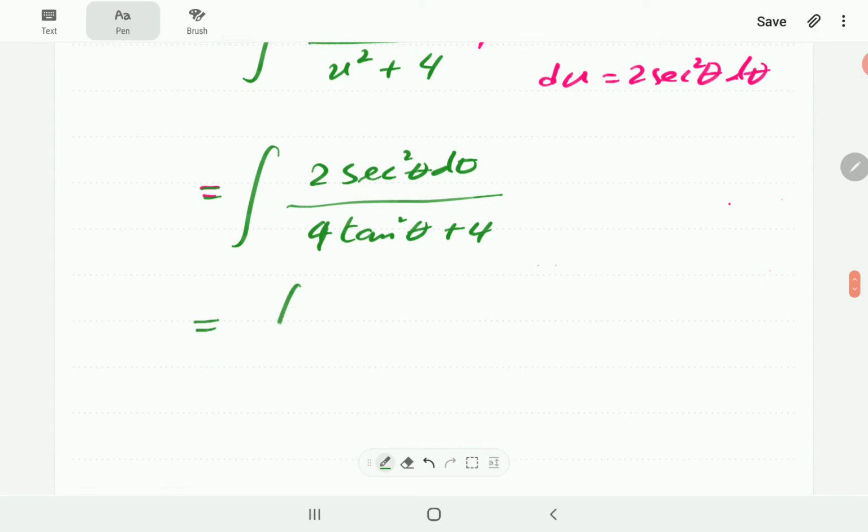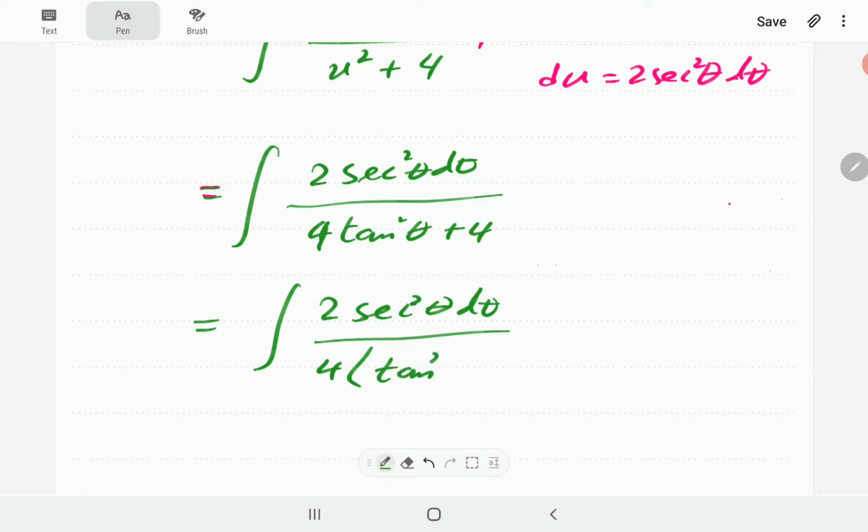So it's going to be 2 secant squared theta d theta. We factorize 4 here, giving tangent squared theta plus 1. Now the 2 over 4 is 1/2.